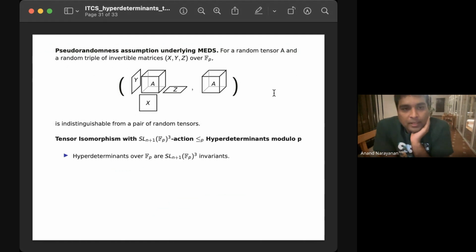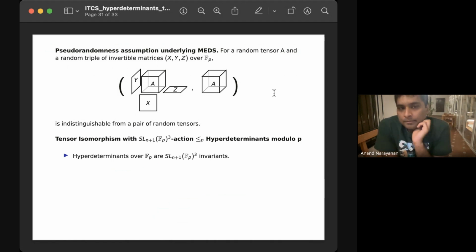Again, we don't quite prove that this problem reduces to hyperdeterminants modulo p, but we prove a very closely related problem does. The closely related problem replaces the three invertible matrices with matrices of determinant 1. So instead of GL_N, we have SL_N action.